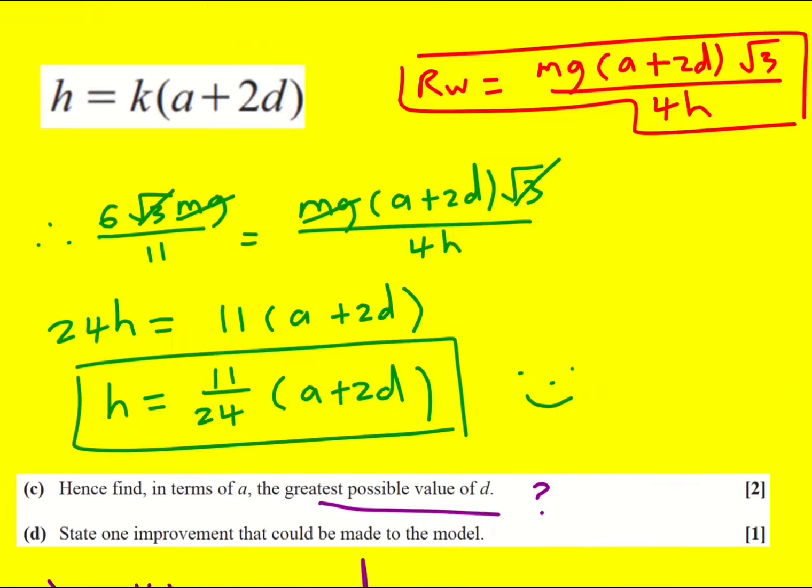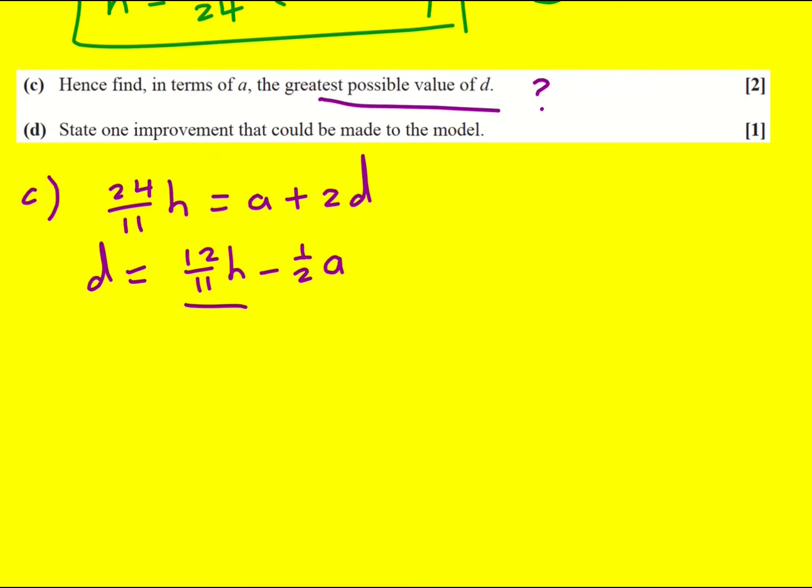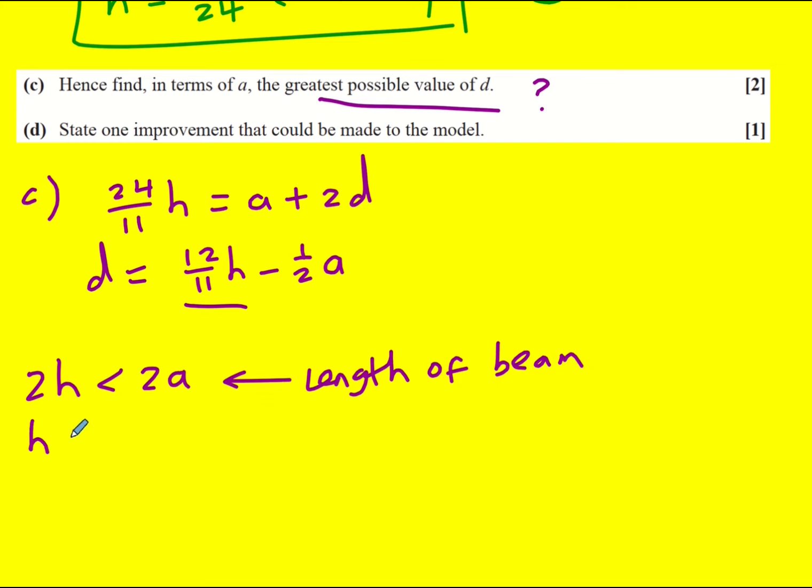And that gives us what we need. 2h is less than 2a. So h is, I suppose I could say it's less than or equal. So h is less than or equal to a.